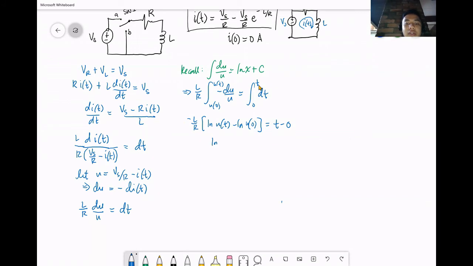Then the subtraction of natural logarithms, you can make a division, and then u of t, you can replace it already with Vs over R minus I of t, and then you have Vs over R minus the initial value of your current, at time equal to 0.